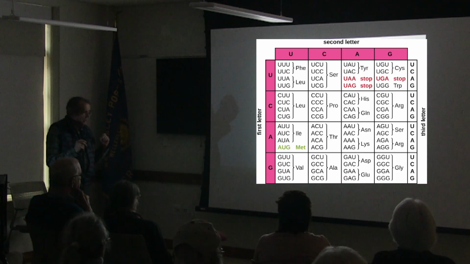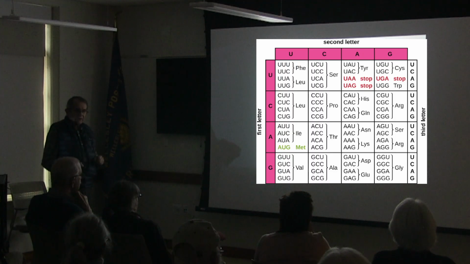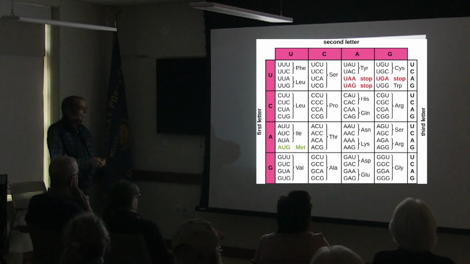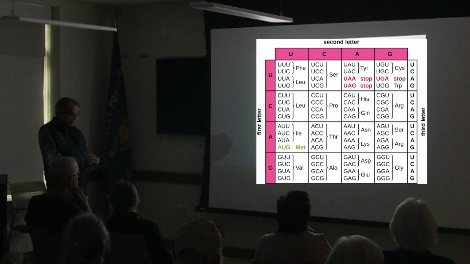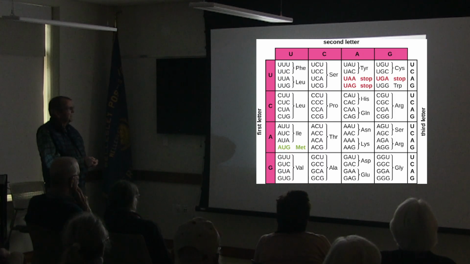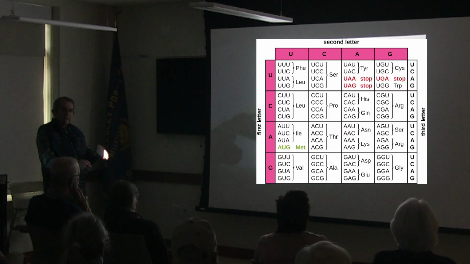There are no missing pieces here. And the fact that there are multiple words that mean the same thing, okay, synonyms, if you will, any of those will put this amino acid into a protein at that location.